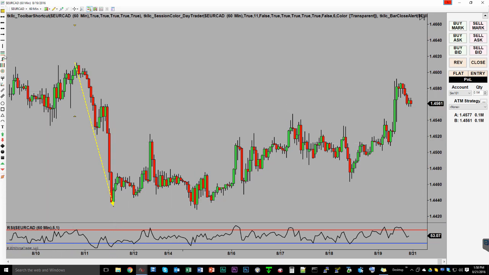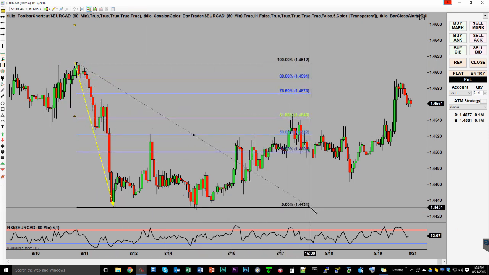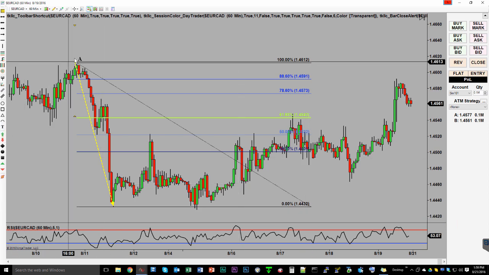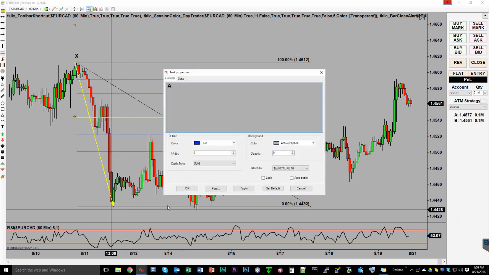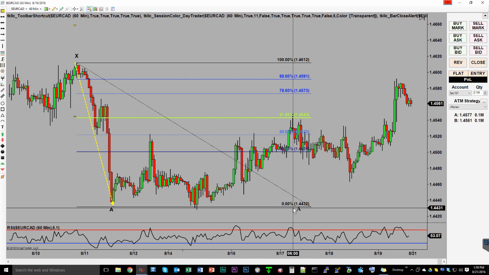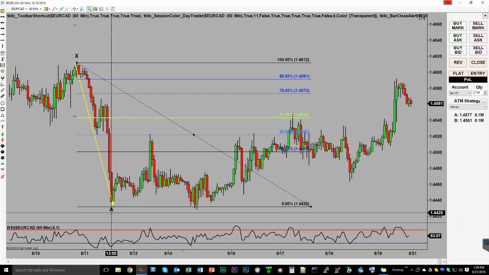Let's go ahead and draw on our Fibonacci retracement tool from X to A. There it is. Let's label the points, guys, so you're on track with where everything goes. X, A. Now we have the A point right there.